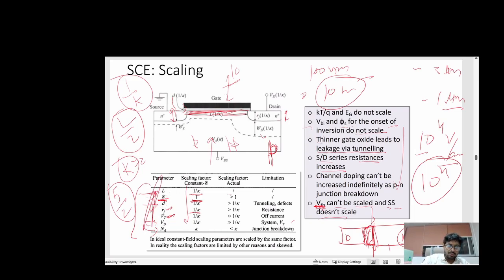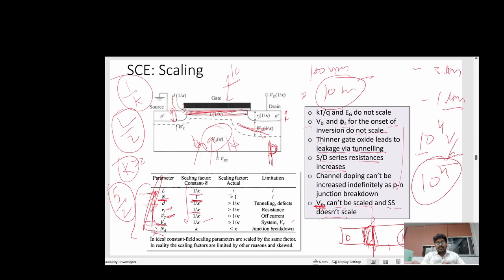But what you need to do is scale that drain voltage by 1 by k. Like NA doping, we need to increase this doping by k times so that you can decrease this as well.